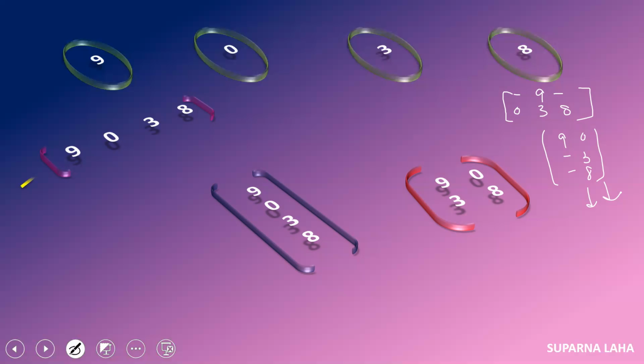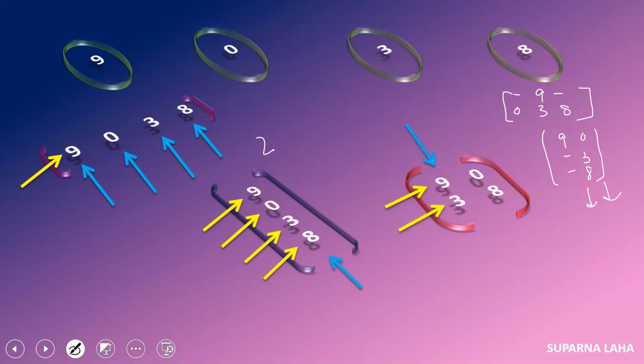So let's check the rows and columns in these divisions. For the first one, there is one row and four columns. For the second one, there are four rows and one column. For the third, there are two rows and two columns. But look here, there are two rows and three columns, but in the first row there is only one element, and in the second row there are three elements.